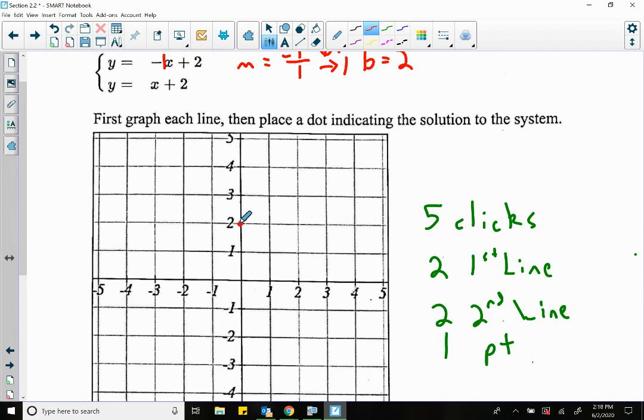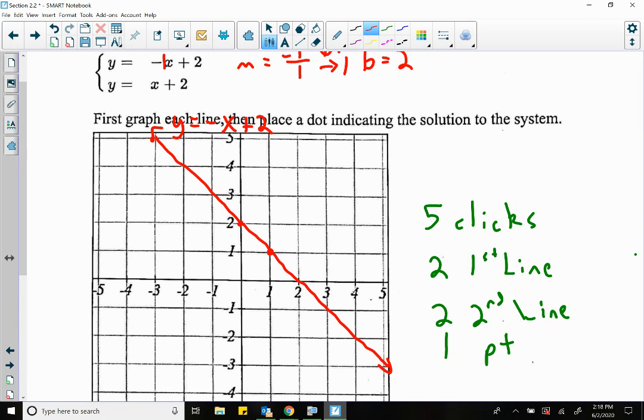And you're going to go down 1, right 1 for the slope. And that's your second click. And once you click the second one, your line comes on here and solidifies. So that right there is the line y equals negative x plus 2.